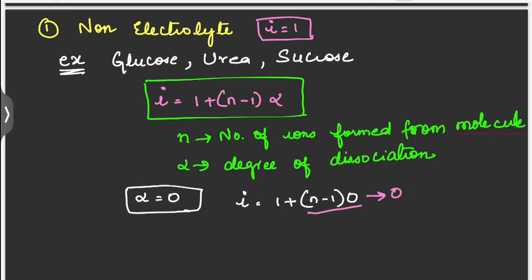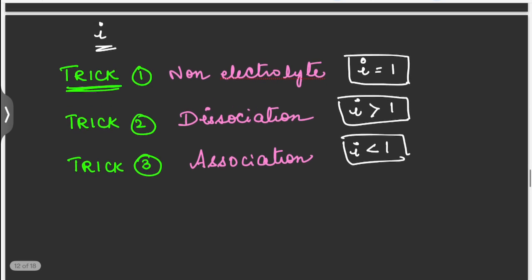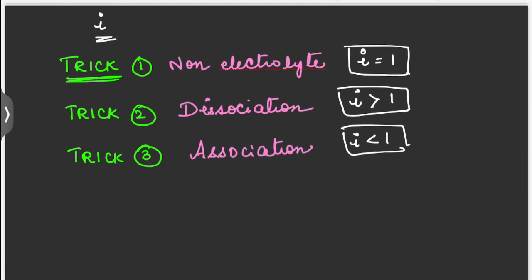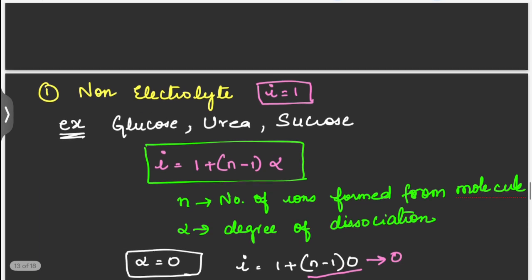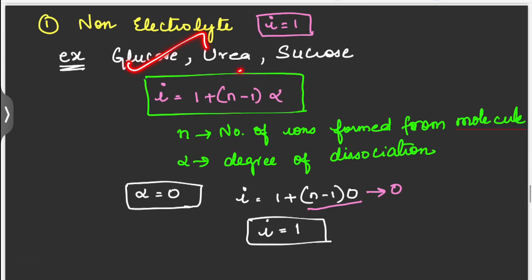Then what will be the value of i? You will get i value equal to 1. Clear? That is what we have written in the trick: i value is equal to 1 for non-electrolyte. Remember the examples: urea, glucose, sucrose. These are some examples of non-electrolytes.